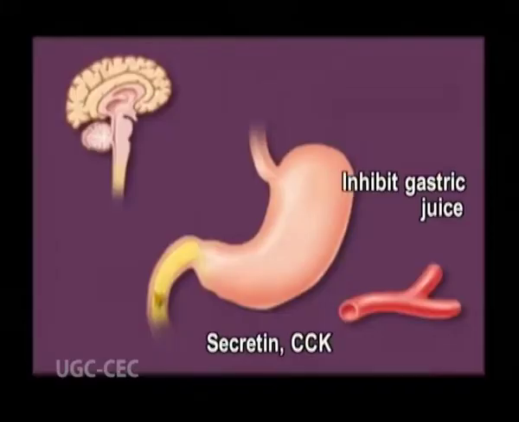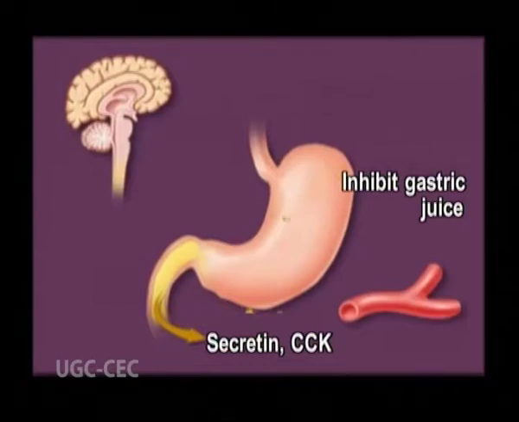Acidic chyme entering the duodenum stimulates the release of secretin from the S cells of the small intestinal crypts. In turn, secretin stimulates the flow of pancreatic juice that is rich in bicarbonate, that is HCO3 minus ions, to buffer the acidic chyme that enters the duodenum from the small intestine.